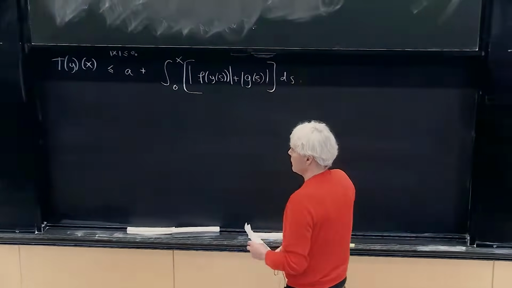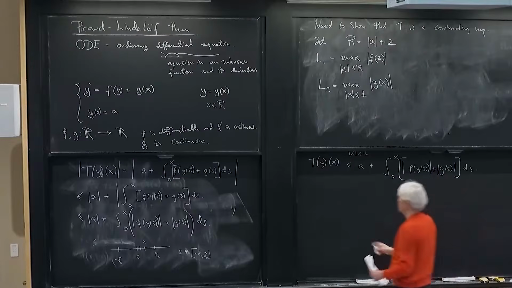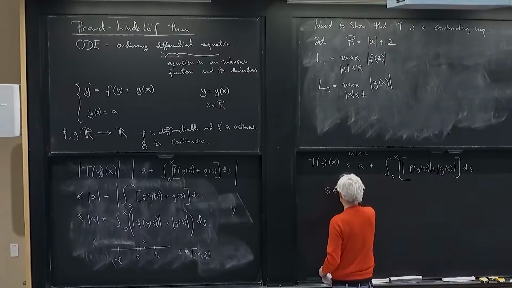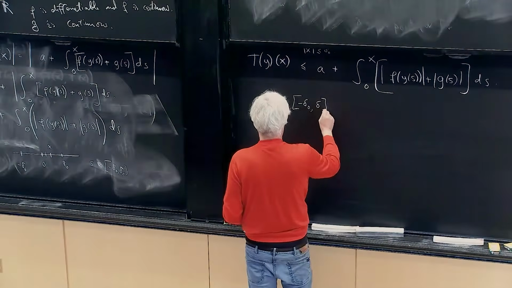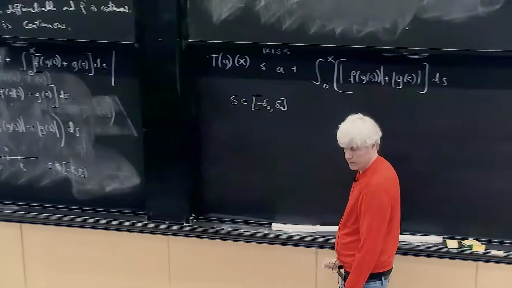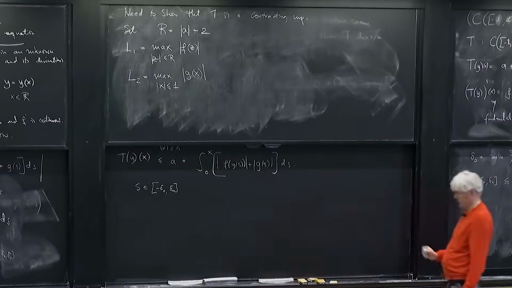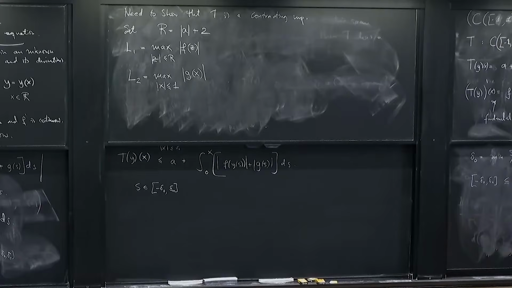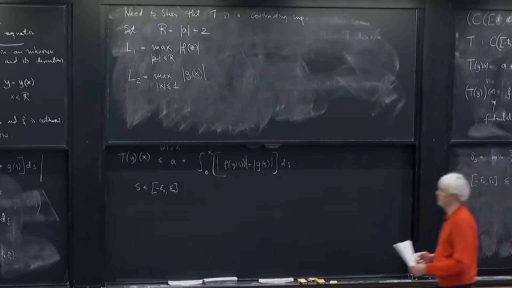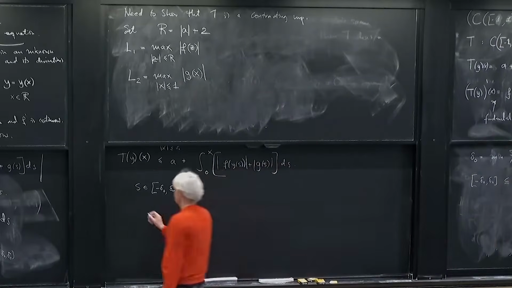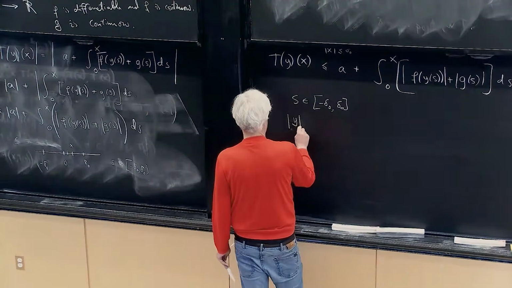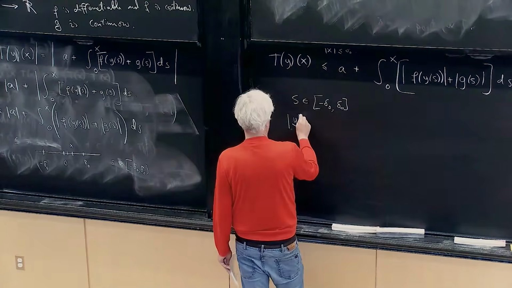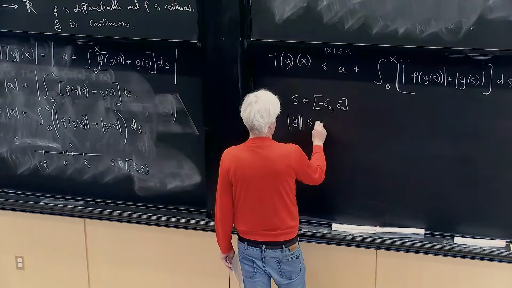The first thing I observe is that, just because x was in that interval, s is also in this interval. The second thing I observe is that I'm assuming that the function that I start with has norm less than r at each point.